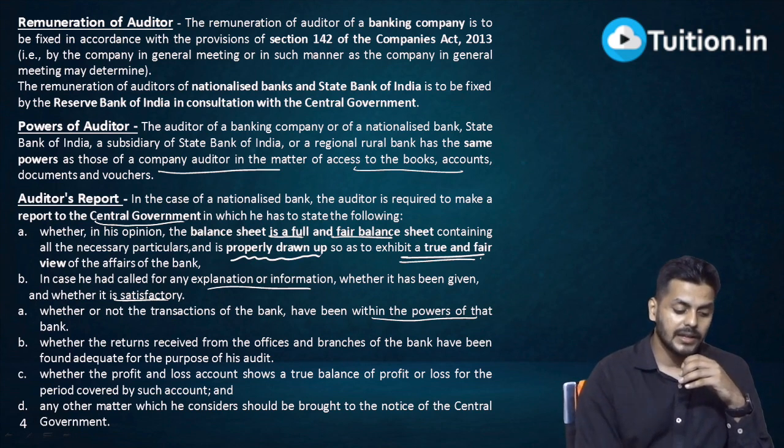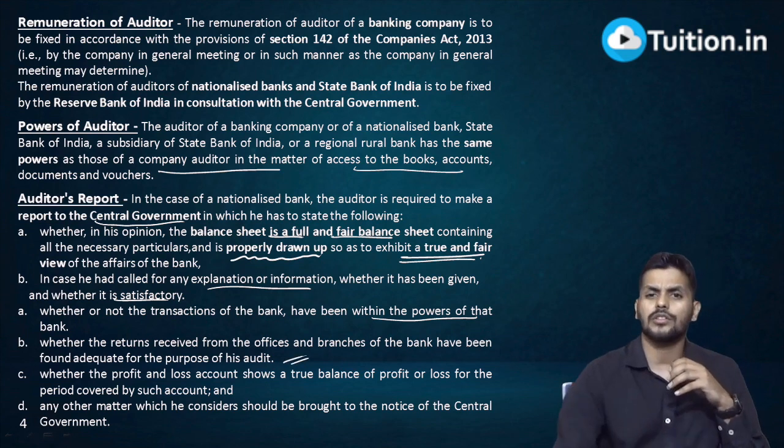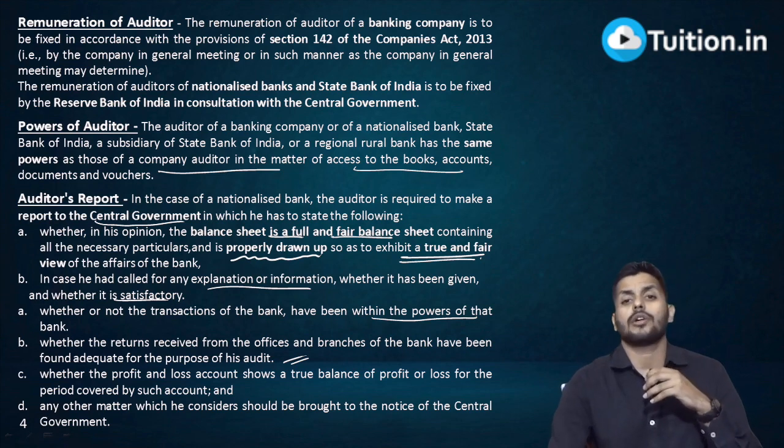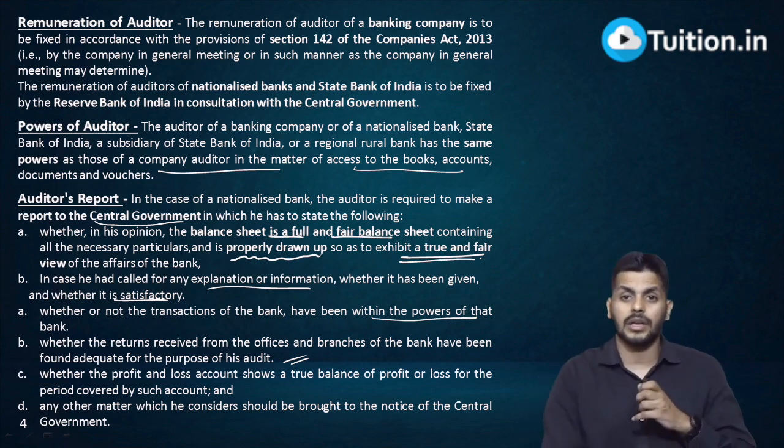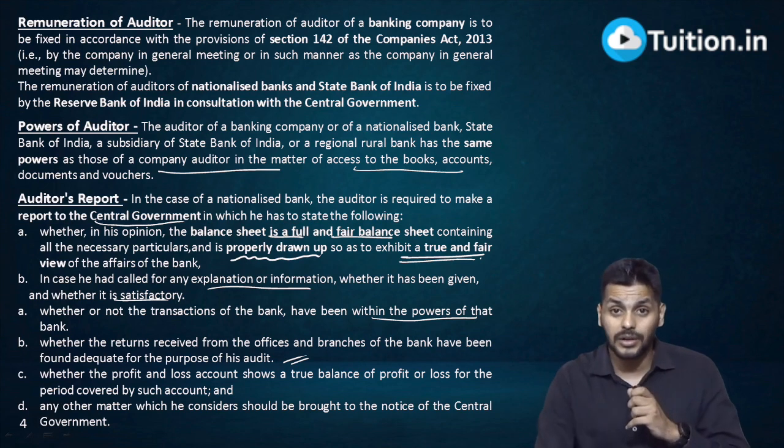And whether the returns received from the offices and branches. You remember seeing all this in section 143? If the branch is not being audited, you got to send a copy of the return, okay, so that it has been audited.